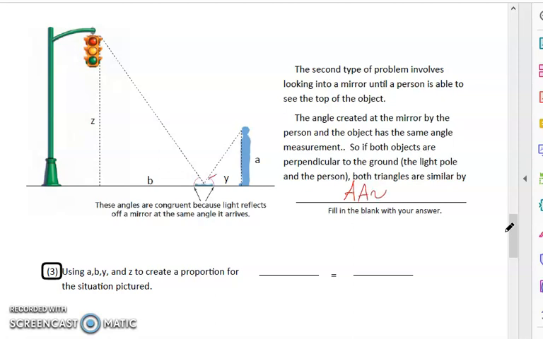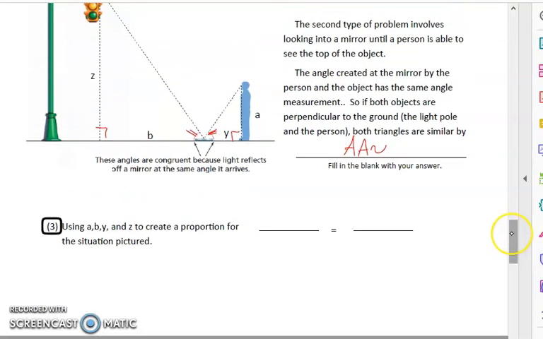The angle that's being created by the mirror is called the angle of incidence, and compared to the angle of reflection, those two angles are going to be the same. And assuming that the object and the person are vertical to the ground, or perpendicular to the ground, that would create the second pair of congruent angles. So again, like the first example, this is another case of angle.